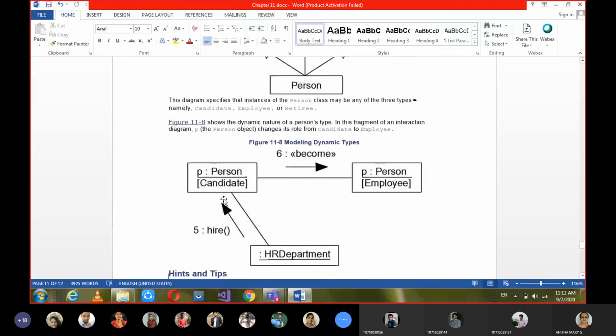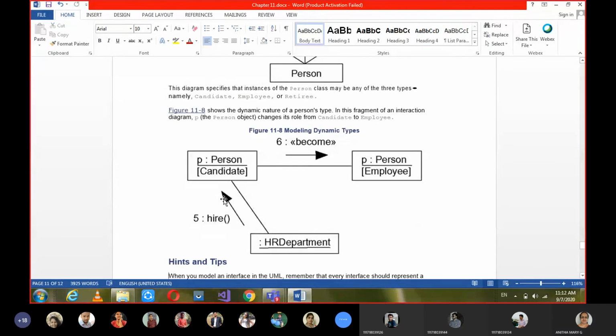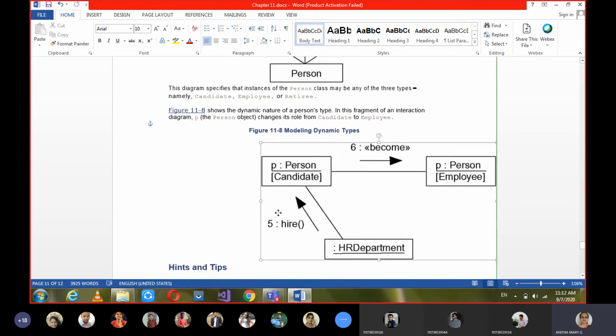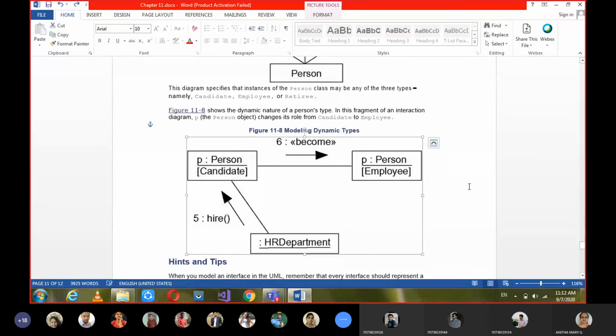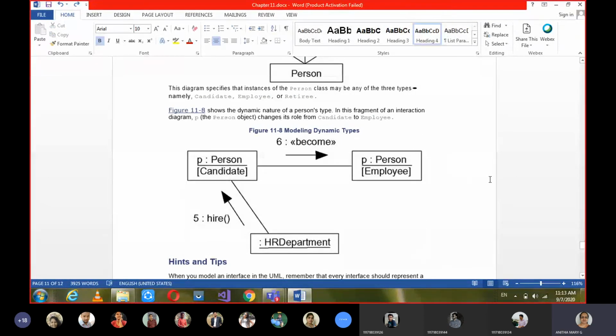Whereas dynamic types, within a course of time, not a long duration like static, but maybe less than 5 years or maybe 1 year, so within a short period of time, if any changes appear, those things are captured in dynamic types. So if you see here, HR department.